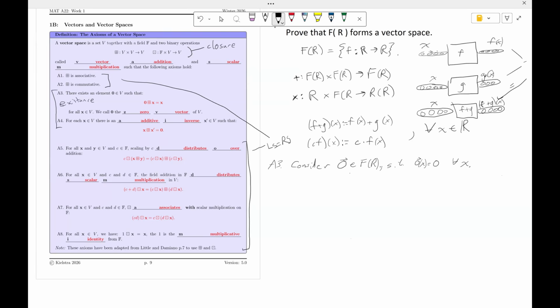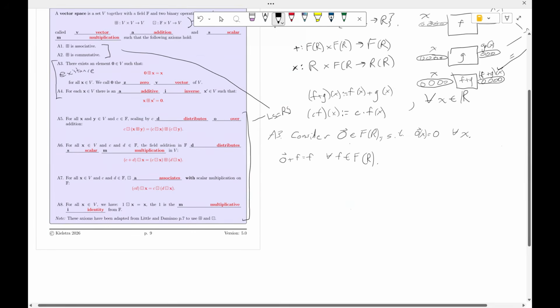Now, how do I show that for all x in V? Well, x here is a function. So I want to show that 0 plus f equals f for all f in the set of real valued functions.